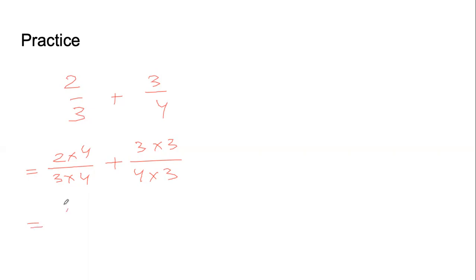Now this becomes 8 and 12. 2 4s are 8, 3 4s are 12. Then 3 3s are 9, 4 3s are 12. Now 12 and 12, same denominator. So we can take 12 as the common denominator. 8 plus 9, which becomes 17 by 12. This is how we add.